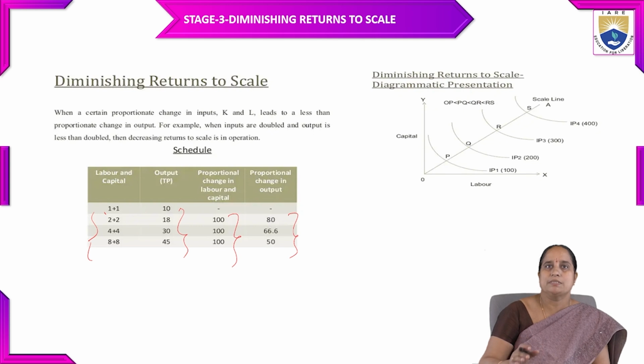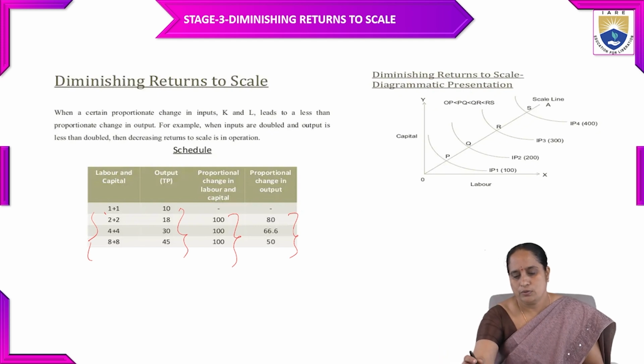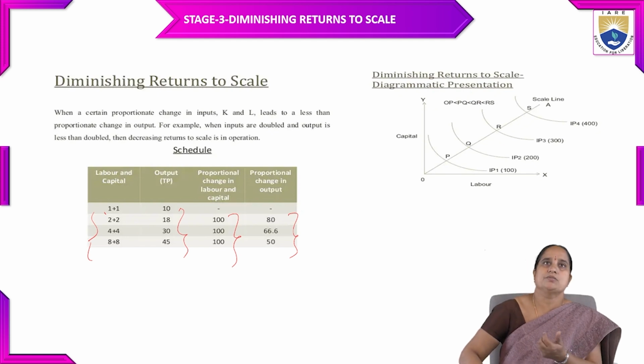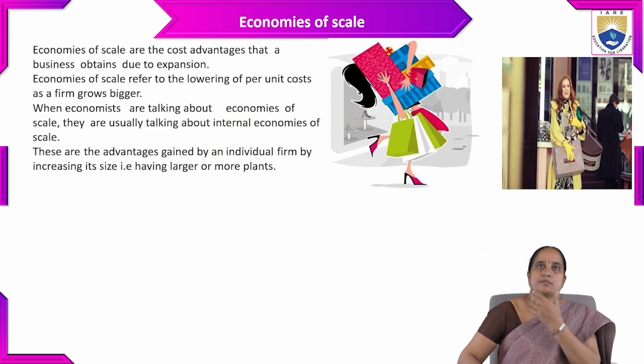It is always less than the input level. So here, OP is less than QR, QR is less than RS. This stage is known as diminishing returns to scale.